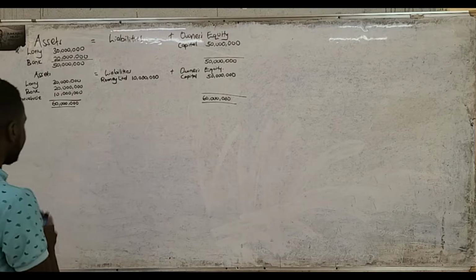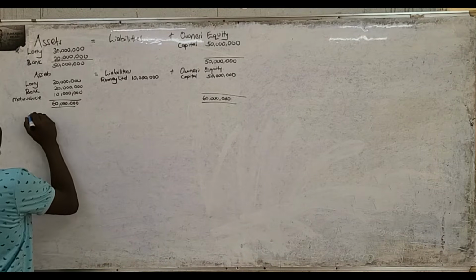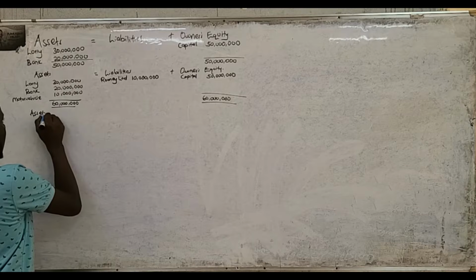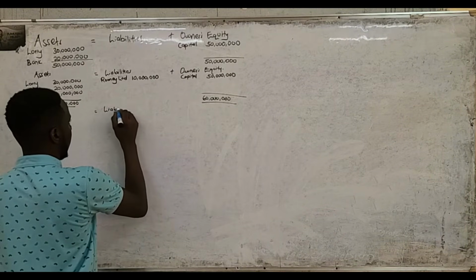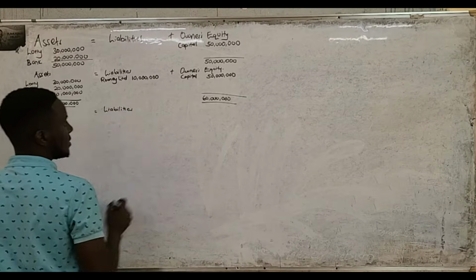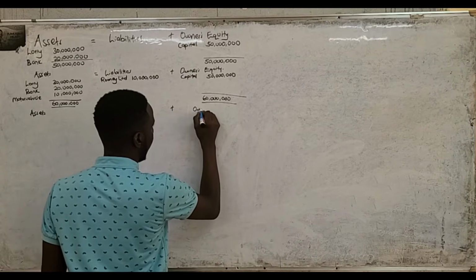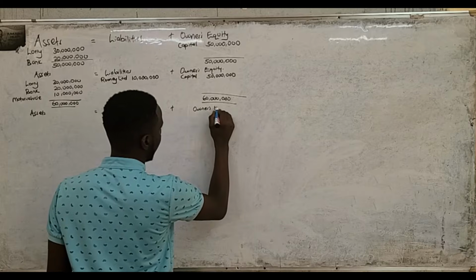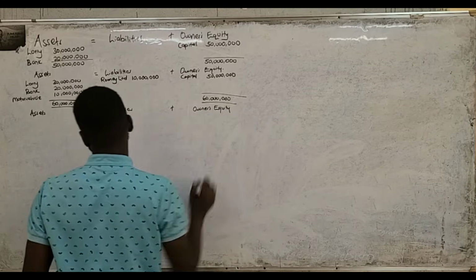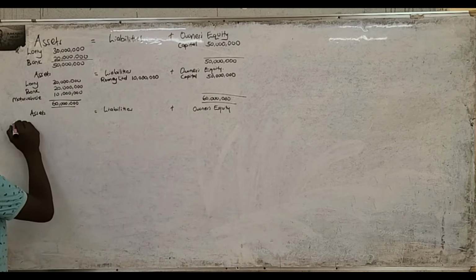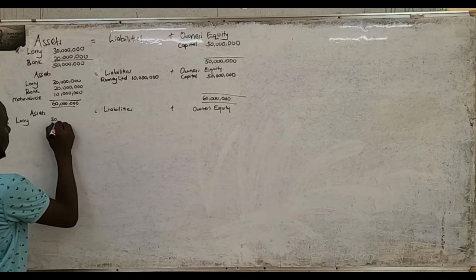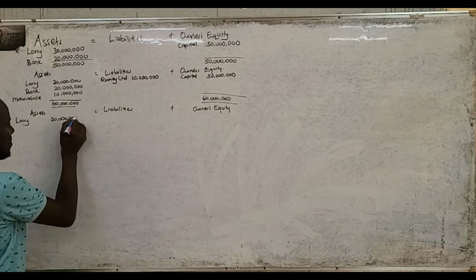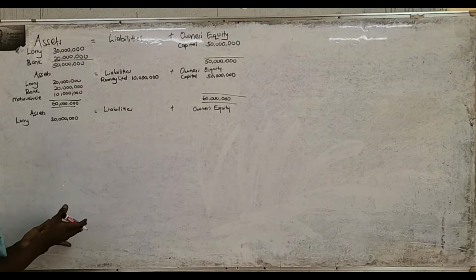This is what I mean. We do this, our assets equals to liabilities plus owners equity. So one, we have our lorry, and our lorry is 30. Like I told you, you're going to be repeating this until we come to the final transaction.